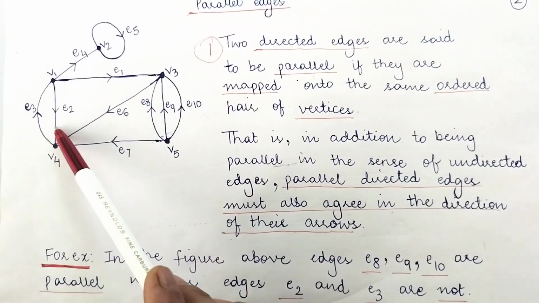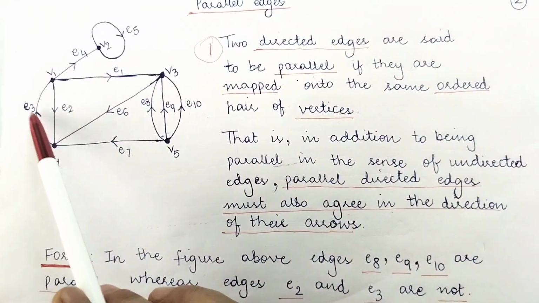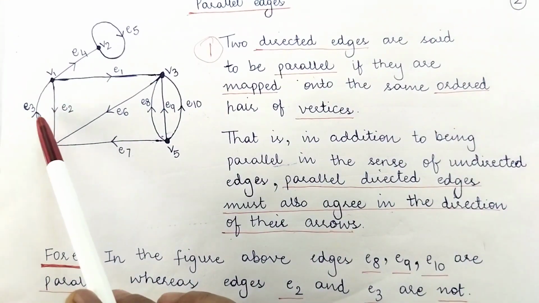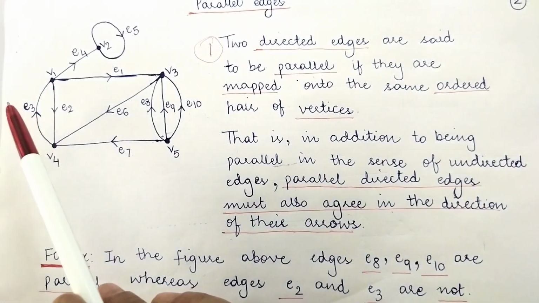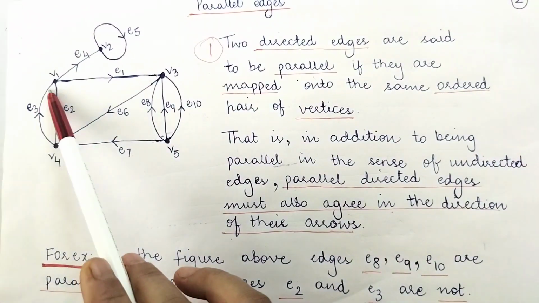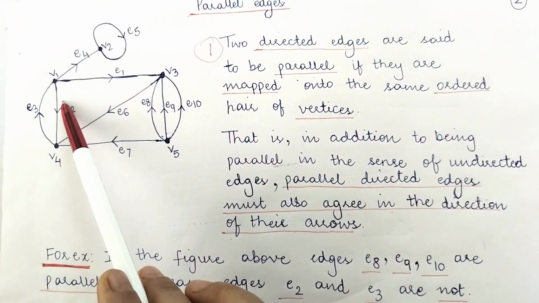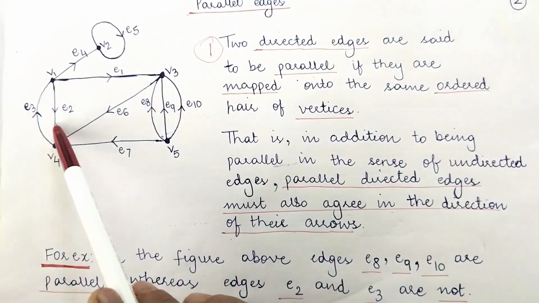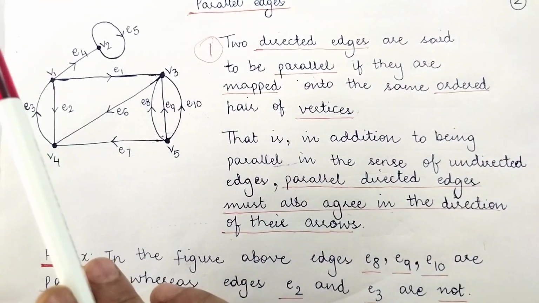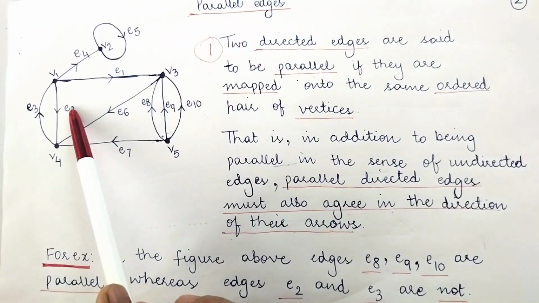But if this was a case of an undirected graph, then E3 and E2 would also have been parallel edges, because there this arrow would not have existed, and without the arrow, in case of an undirected graph, the only condition that we have to see is if they are incident upon the same pair of vertices. So if we consider an undirected graph, then E3 and E2 are also parallel edges.